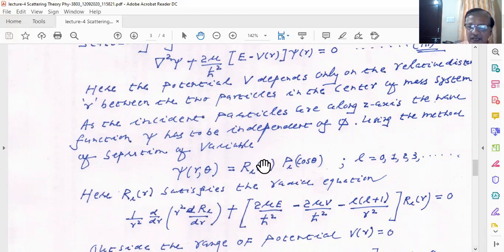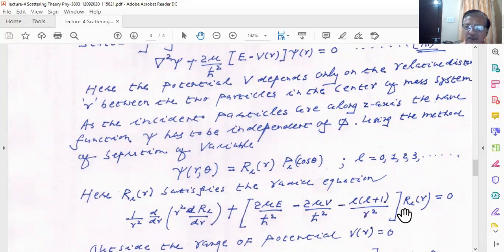So R_L of r satisfies this radial equation: 1 upon r squared d by dr of r squared dR_L by dr, plus 2 mu E over h cross squared minus 2 mu V over h cross squared minus L into L plus 1 over r squared, times R_L of r, equal to 0. This is the radial equation, which we have already established at MSc part 1 as well as in undergraduate BSc classes.